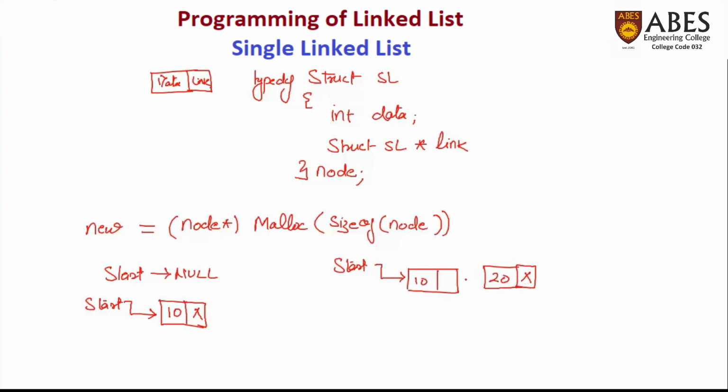So this has to be attached with this one node linked list, and the link part of the first node will be updated to point to this second node, and so on. Let us see this procedure on our Visual Studio Code.